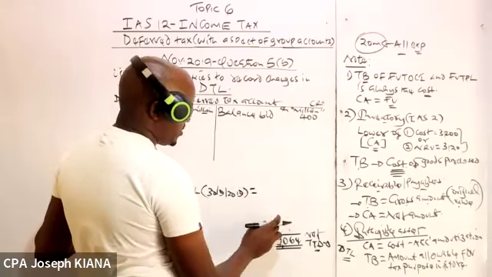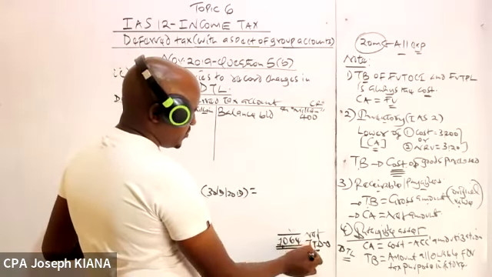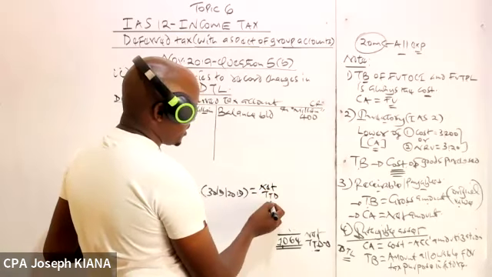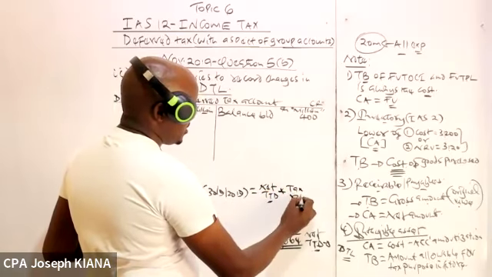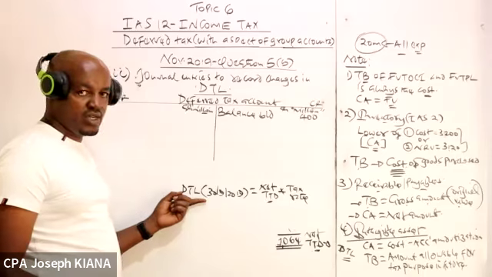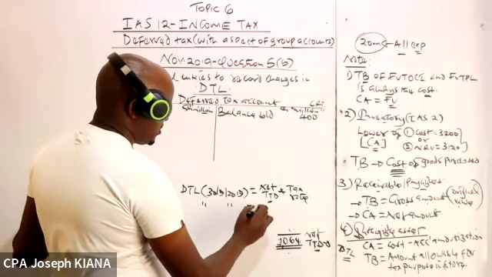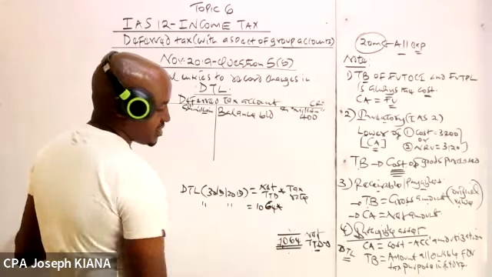So how do we compute this deferred tax liability at the end of the year? So we are going to take net taxable temporary difference, or just the taxable temporary difference. We multiply that with the tax rate. This is a formula which I've already given you, how to compute the deferred tax liability. So the deferred tax liability at the end of the year will be equal to this one, 1064 times the tax rate.